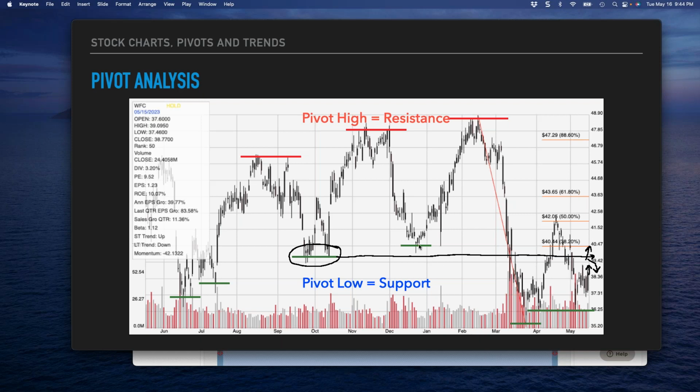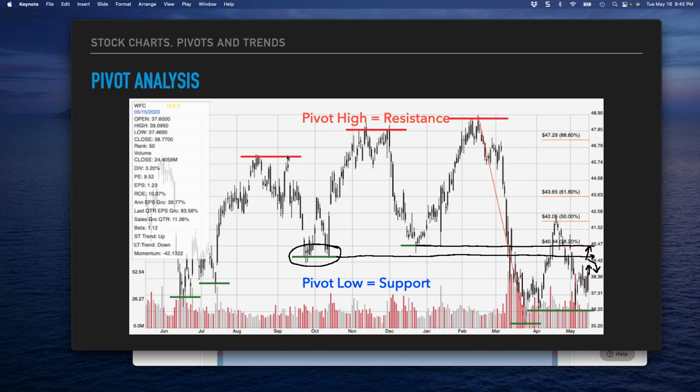We can then use levels such as the 40.50 level, which is also in line with my 38.2% retracement line, to suggest that it could find some additional resistance pivot from that previous pivot low point.